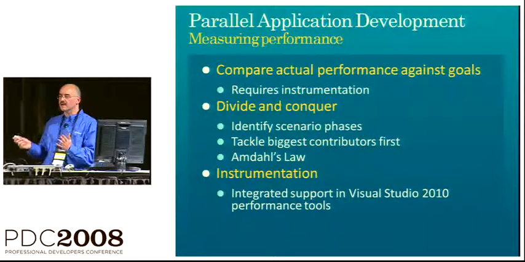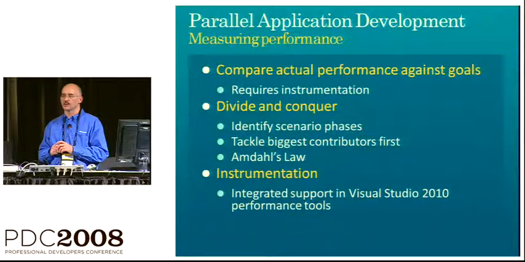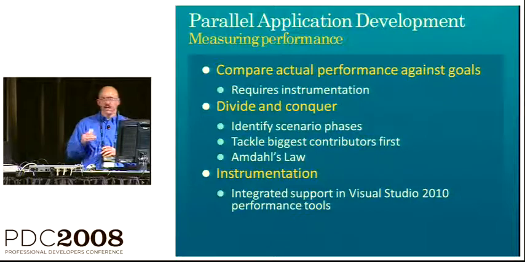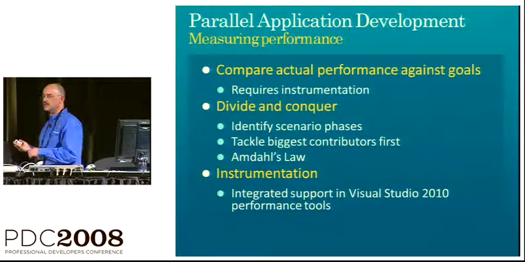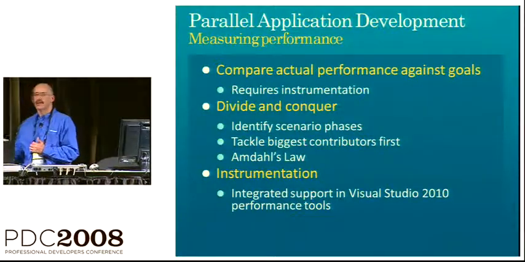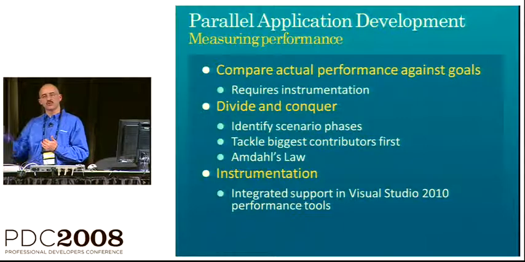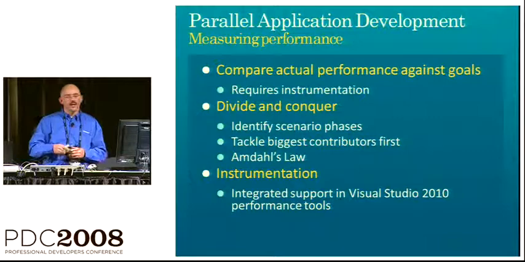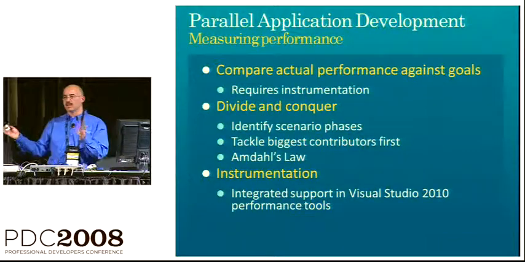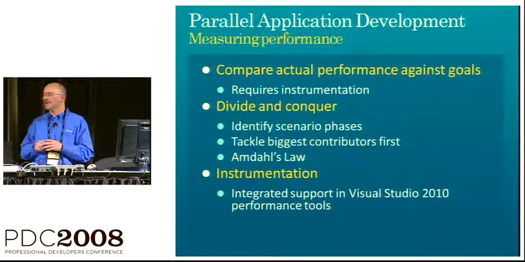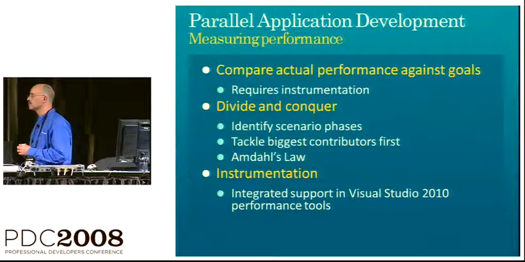You want to compare your existing performance, as I said, against your goals. The way we recommend that you do this is to instrument your application, identify the phases that contribute to performance for the given scenario that you're interested in, and then we advise you to tackle the biggest problems first. It's a divide and conquer sort of strategy.